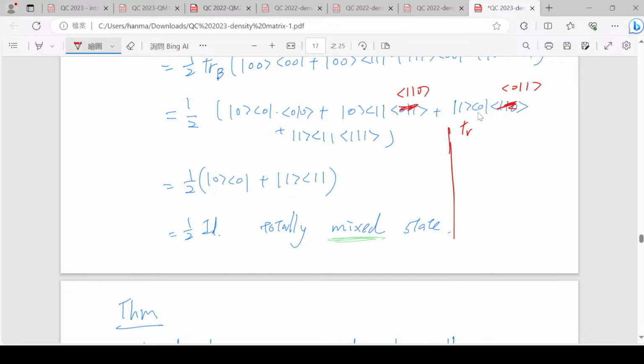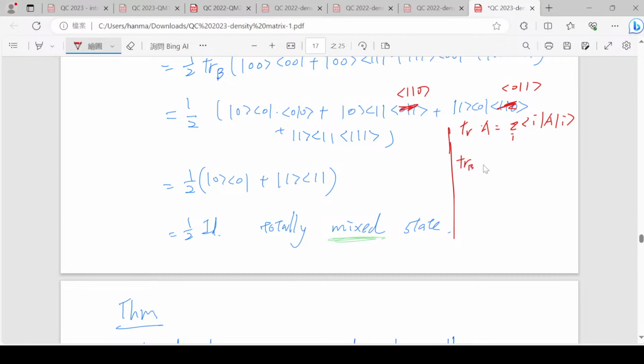The trace of some matrix A, if it is an actual trace, not a partial trace, is like a summation over i, where you sandwich A with every basis element i. This is how you get a diagonal element. And so the partial trace can be written in a similar way.